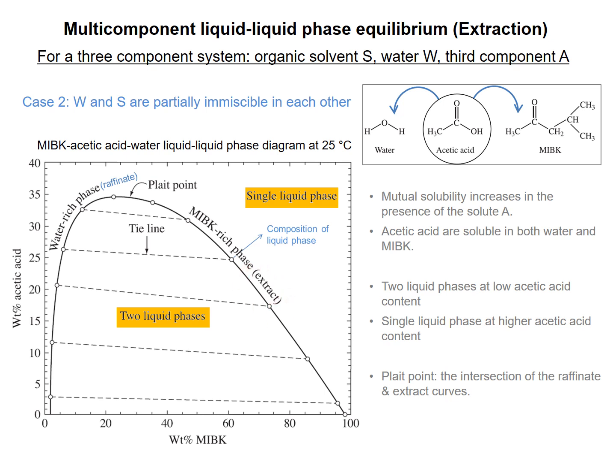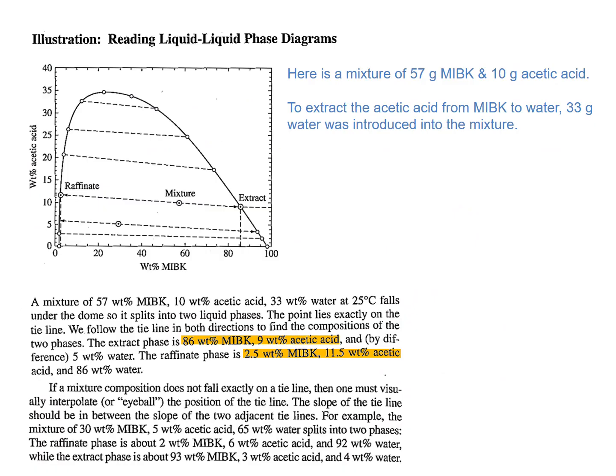Let me go to the illustration of this phase diagram for further understanding. Let me try to read the liquid-liquid phase diagram here. We have a mixture of 57 gram MIBK plus 10 gram acetic acid.